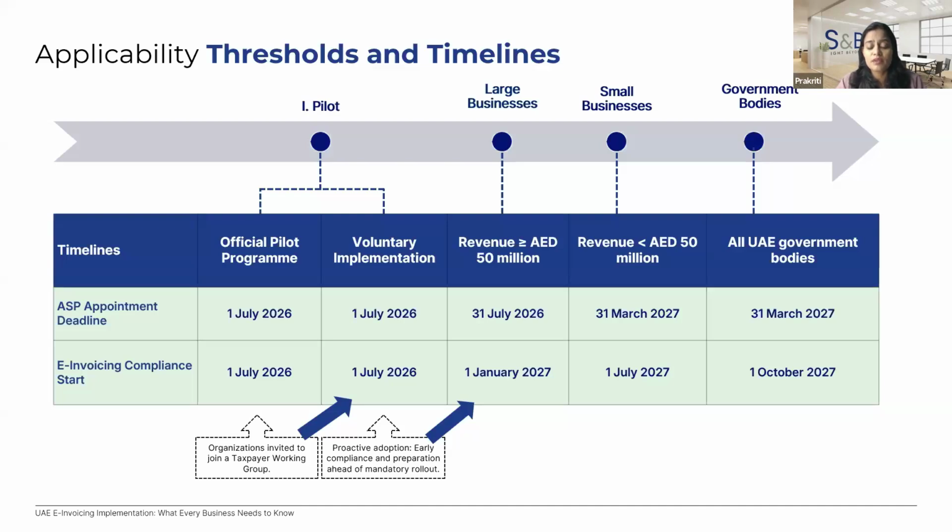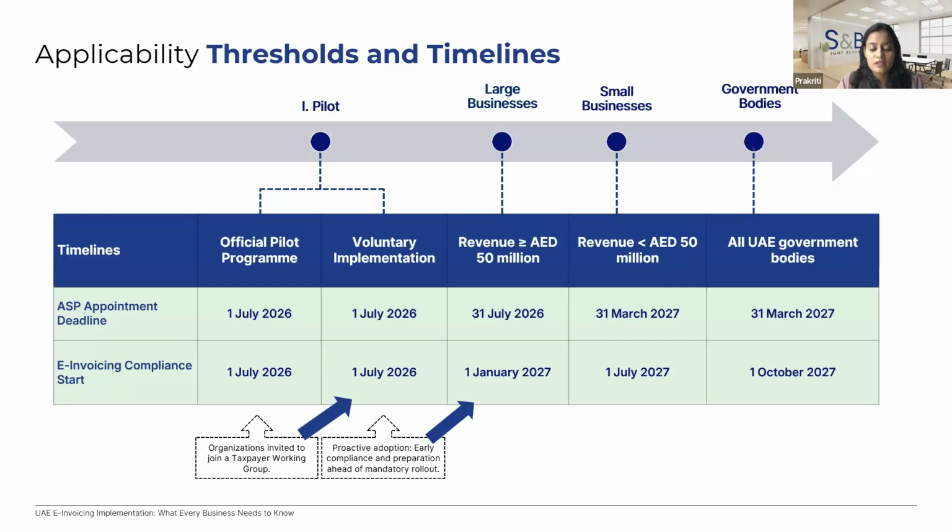Now, a lot of confusion happens in terms of the definition of revenue. As per Ministerial Decision 243, revenue is defined as the gross income of a company based on the recent financial years as per the financial statements, which are in compliance with the audit and accounting requirements in the state.